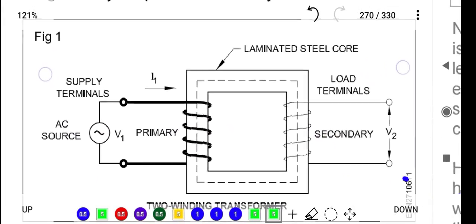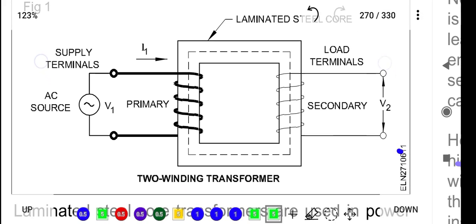We have to learn what is the primary winding, what is the secondary winding, right? Next, what is the function of the primary winding, what the primary winding will do, and what the secondary winding will do. These 2 points we will see.